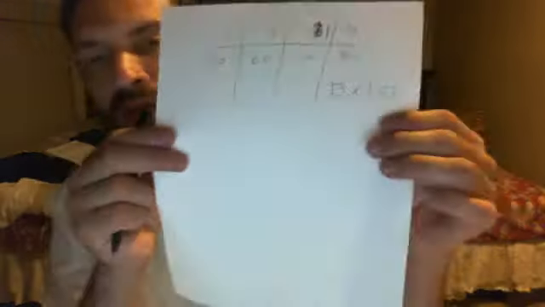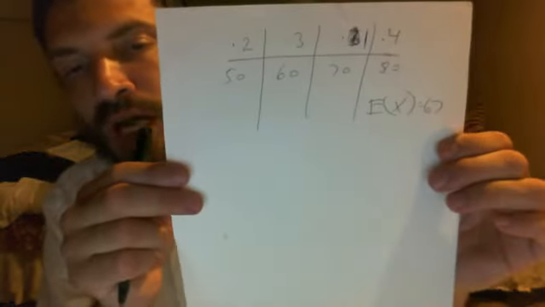So if you do the math, I'll take a calculator to find out the average of the weights. It is 0.2 times 50 plus 0.3 times 60 plus 0.1 times 70 plus 0.4 times 80. 67. E of X is equal to 67. That's the average, 67 pounds.